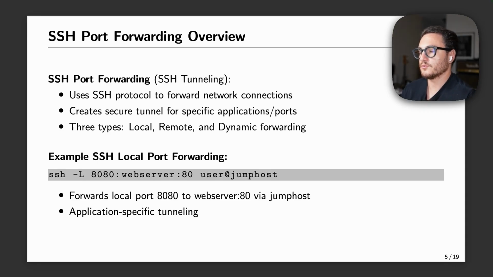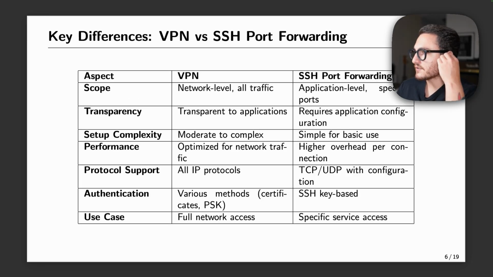So we are forwarding a port to another one, and this is what's called application-specific tunneling. What we want to do with VPNs is basically tunnel all applications inside a single secure channel. So these are the key differences between VPN and port forwarding.